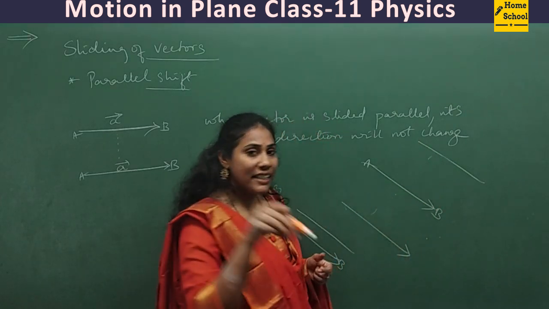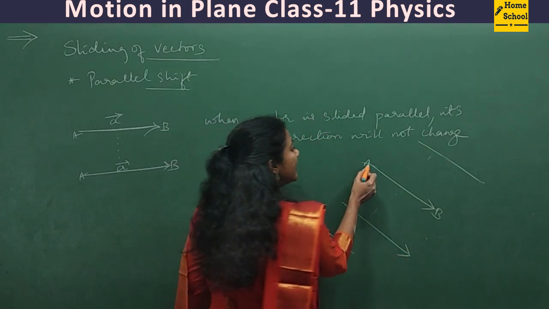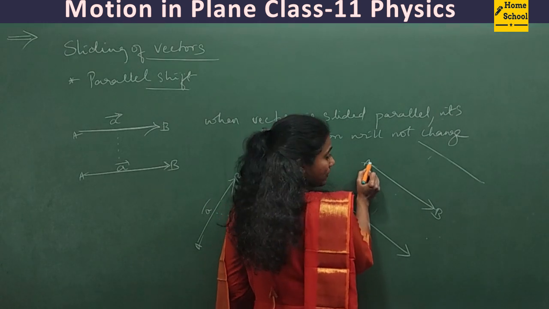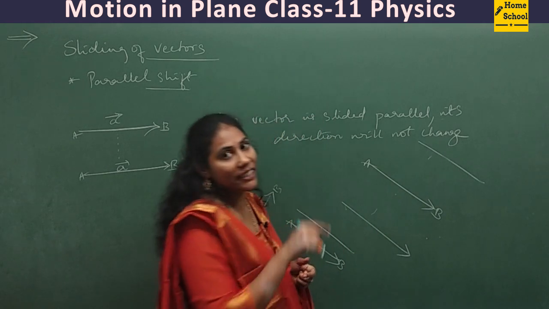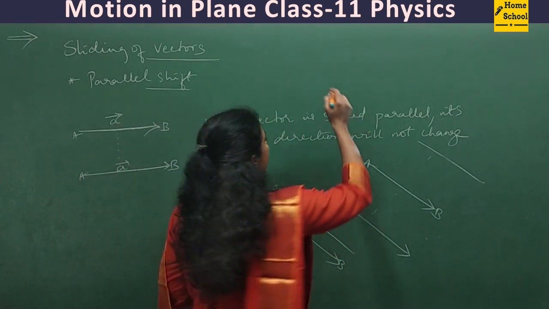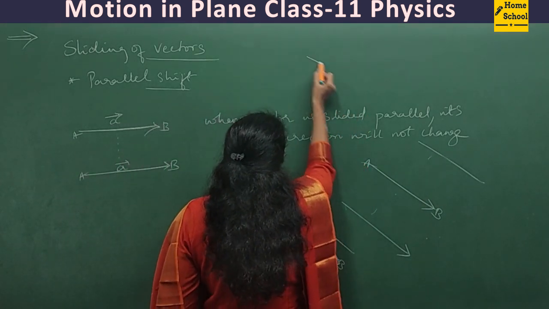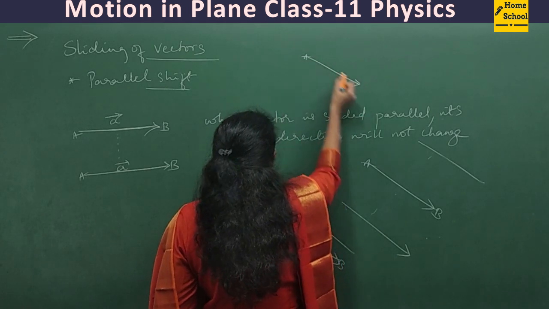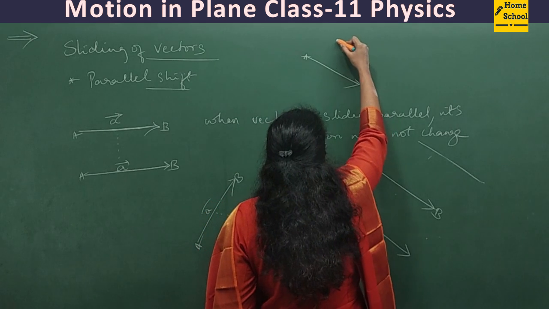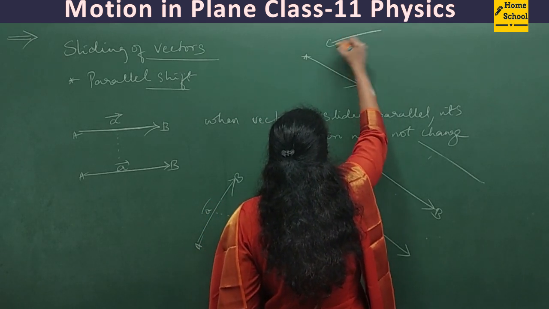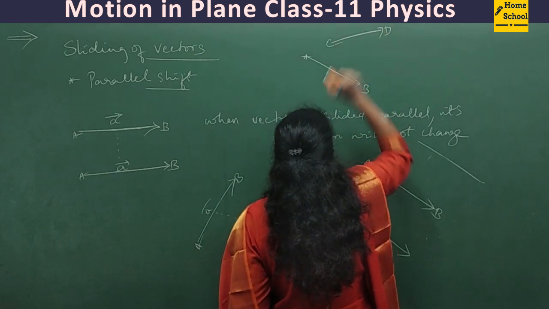You have to add in such a way that the tail of one vector must be in touch with the head of another vector. Say, for example, this is one vector, AB vector, and this is another vector, CD vector.